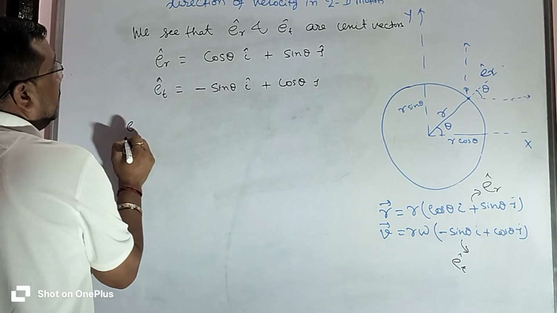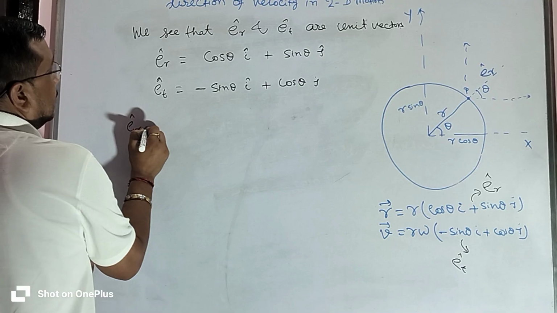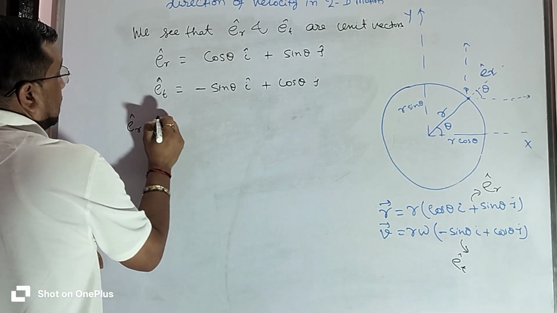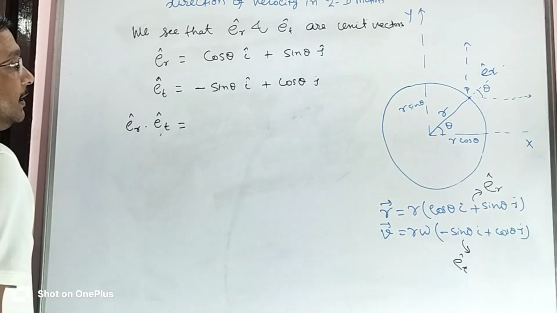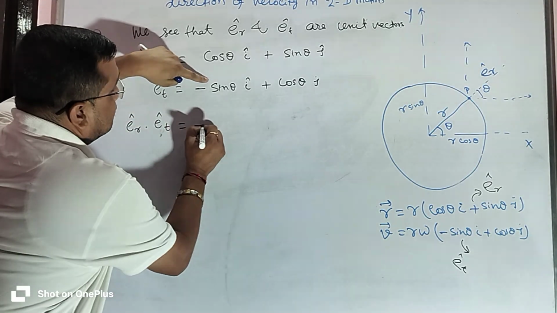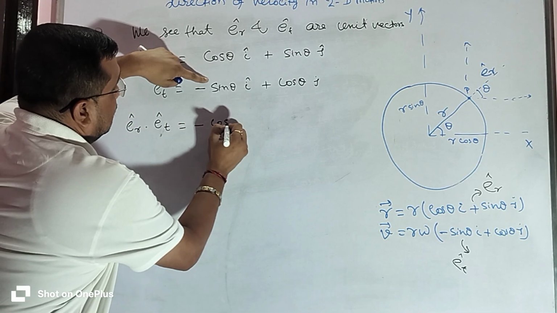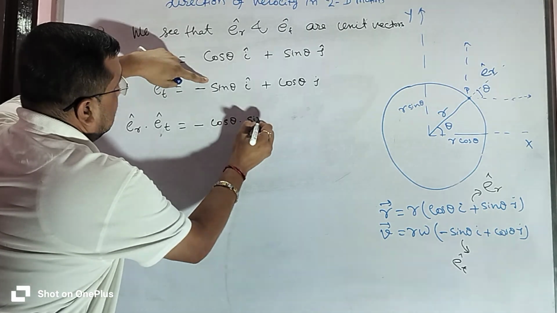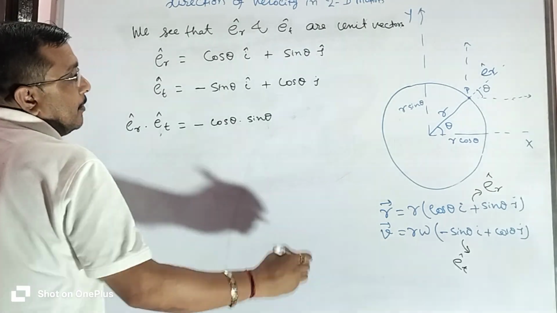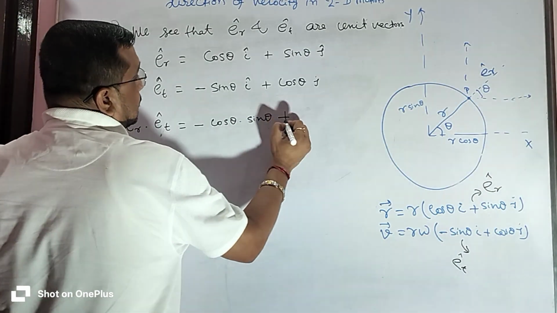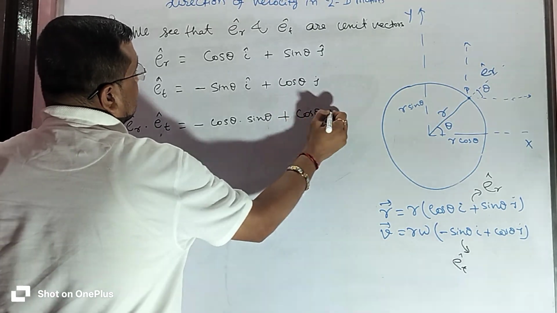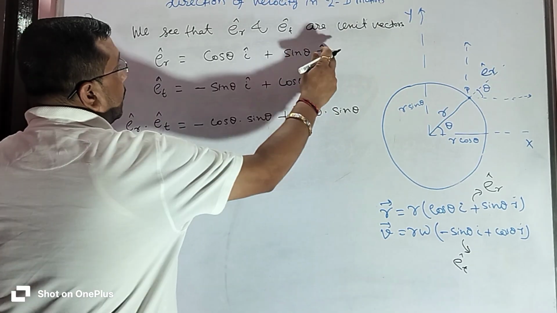Now, if you take the dot product of ER and ET, what will you get? Cos theta into minus sin theta, with i dot i being 1, plus sin theta into cos theta, and j dot j will be 1.